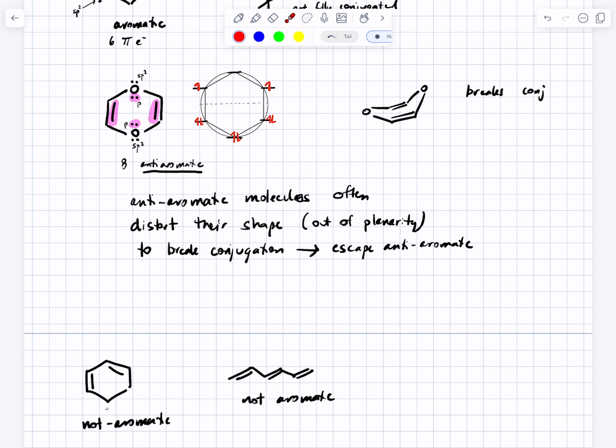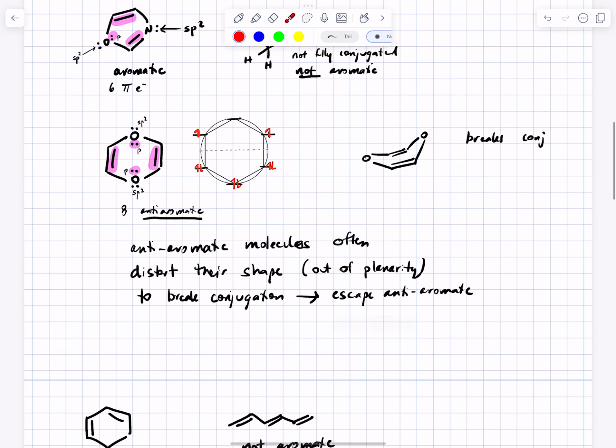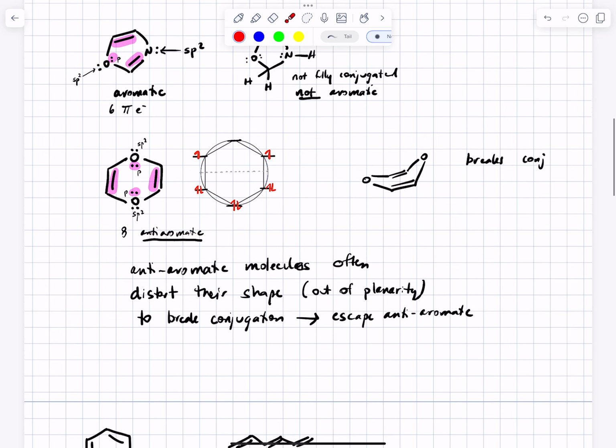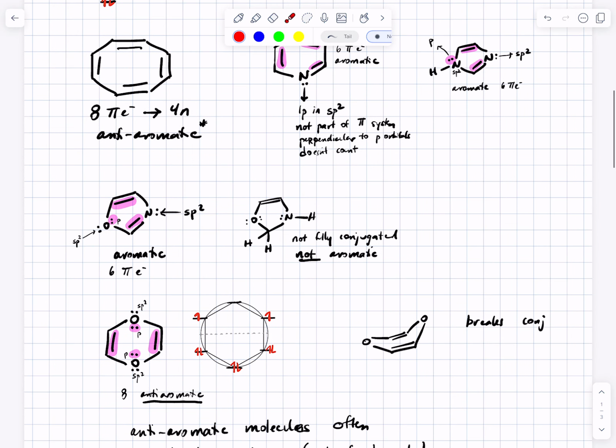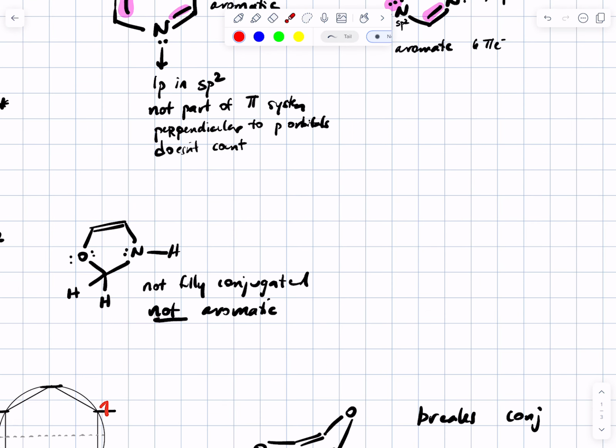All right? Yes? So are there any cyclic anti-aromatic rings that can't pucker, that have to maintain their shape, and that's hard? It's a good question. Are there any cyclic molecules that can't pucker? I think the smaller ones have a more difficult time.